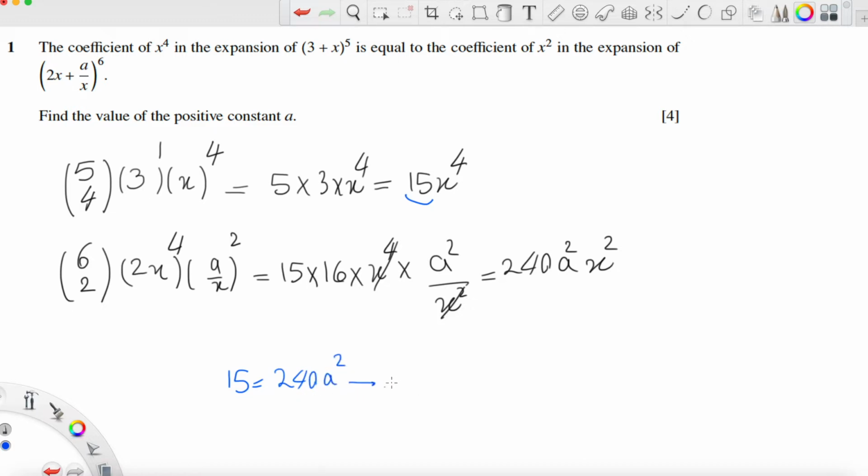If you divide both sides by 240, a squared is 15 over 240, which is equal to 1 over 16. If you take the square root, a is equal to positive or negative 1 over 4, and as it says positive, a will be 1 over 4 as the final answer for this question.